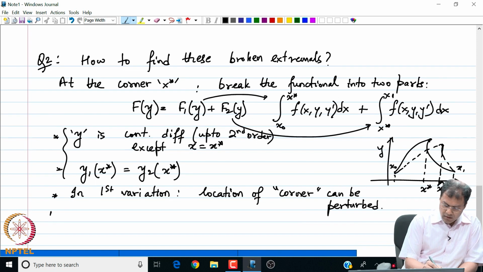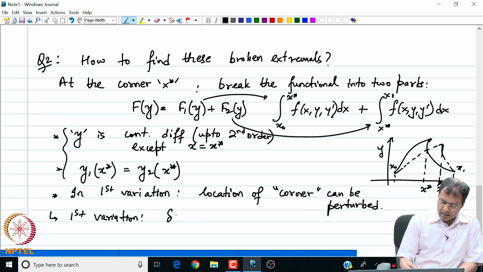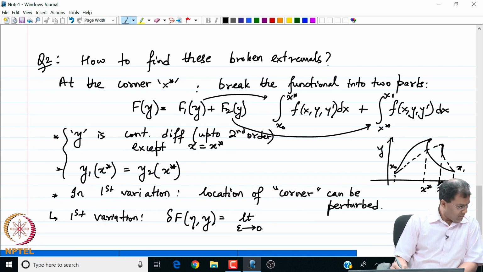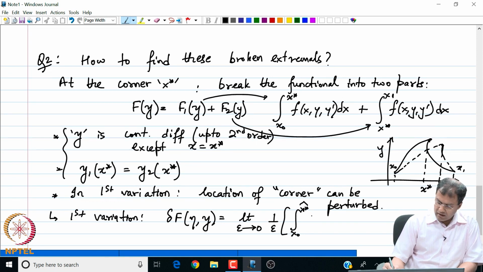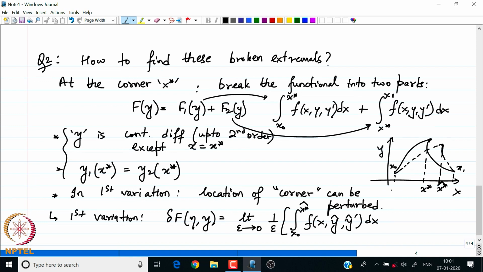When we write down the first variation, delta f of eta, y is the limit as epsilon tends to 0 of 1 over epsilon times the integral from x0 to x star hat, over which we have the perturbed integrand, y hat, y hat prime dx, minus the integral from x0 to x star of the original integrand, plus two more integrals over the other interval from x star to x1.